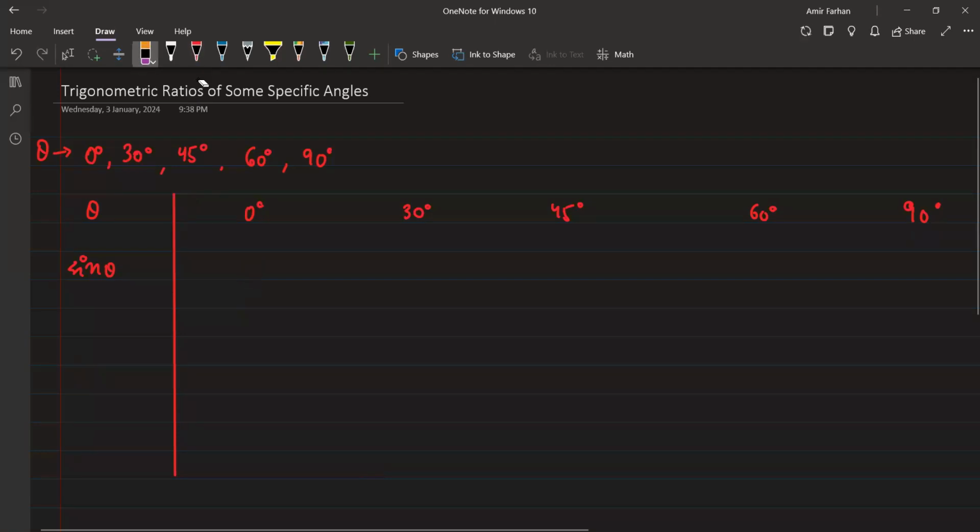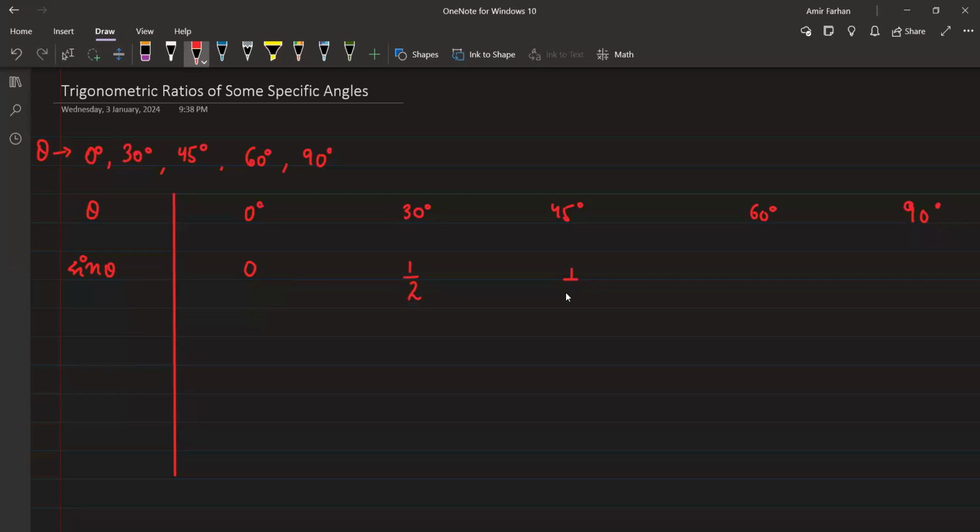So if you understand this, you can calculate the value of any ratio at 0, 30, 45, 60, and 90 if you just memorize the sine theta values. If theta is 30, sine 30 is 1 by 2.